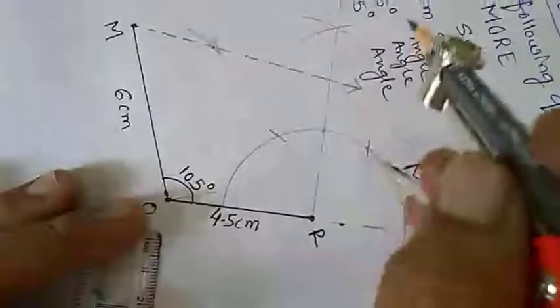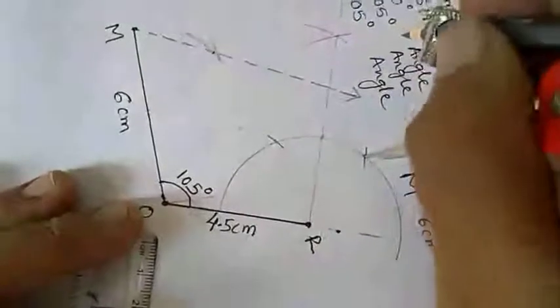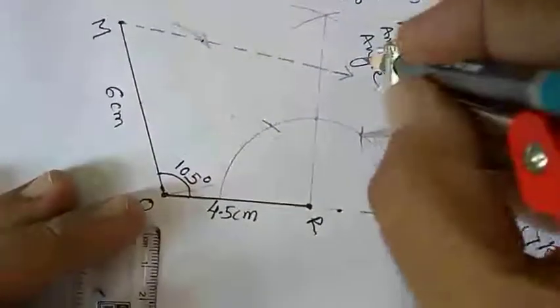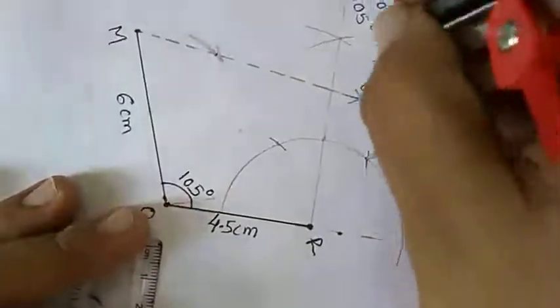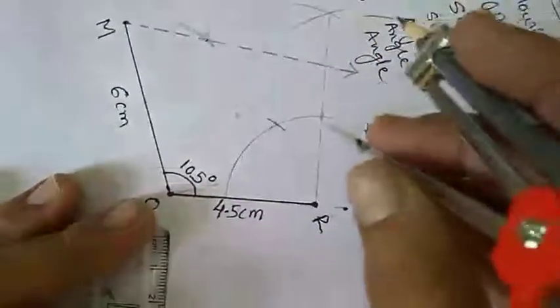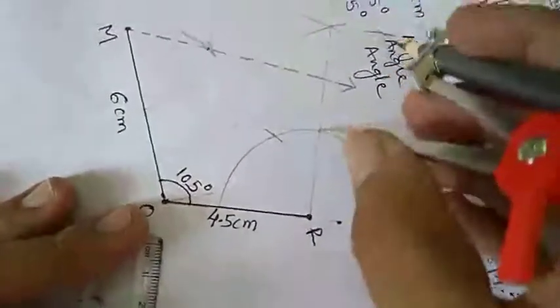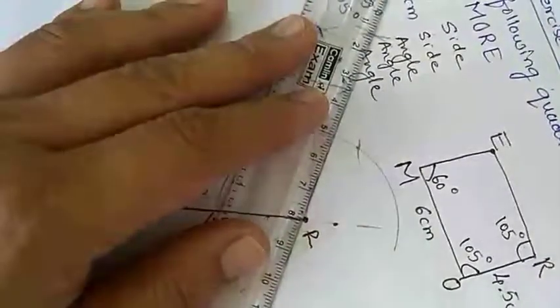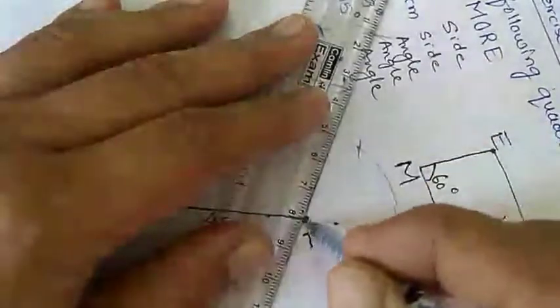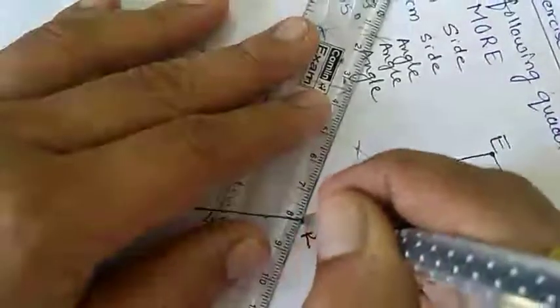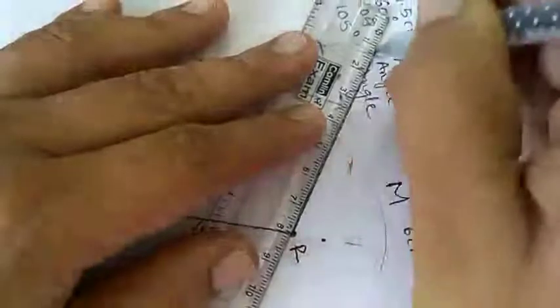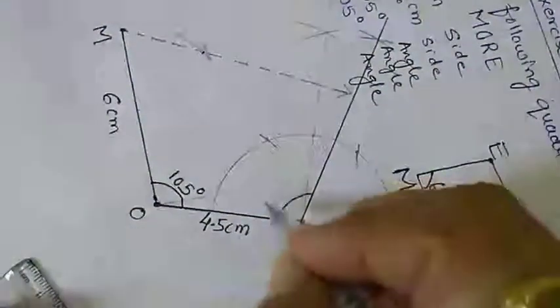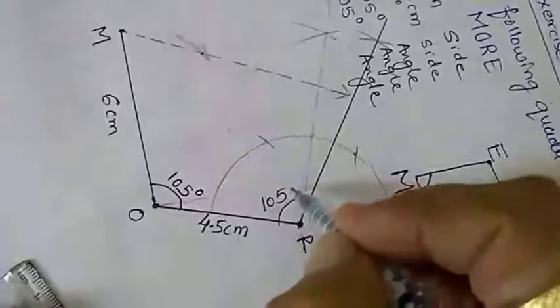So from here I will simply cut, slightly bigger here, and from here this point, the intersecting point of this, so I need to pass this line from here. Okay, and this will be 105 degree.